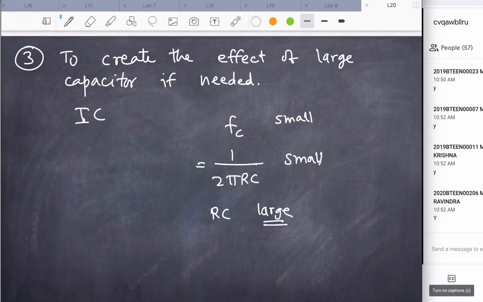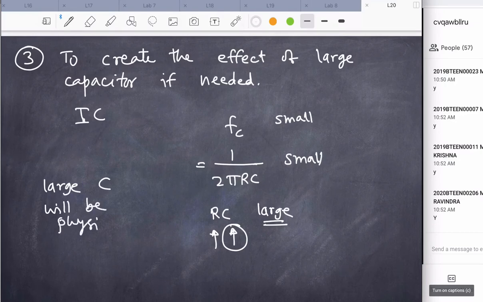If you have reached the limit of R, the only option is to increase C, but a large value of capacitor will be physically large. And physically large means it cannot be put inside the IC. Did you understand this?